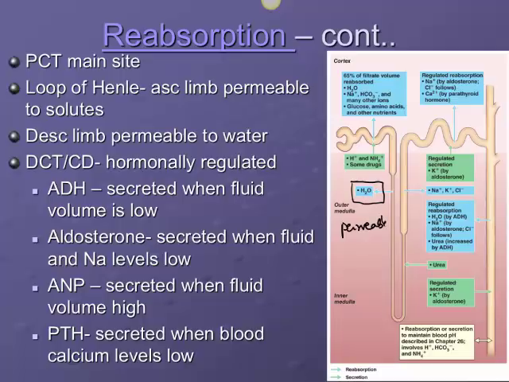The ascending limb of the loop of Henle, notice sodium, chloride, potassium are going out. That means solutes are going out. So the ascending limb is not permeable to water. So it's only permeable to solute. So this part is pretty much impermeable to water.